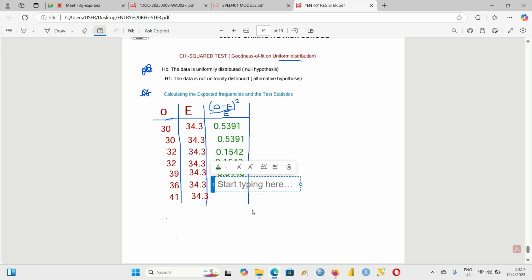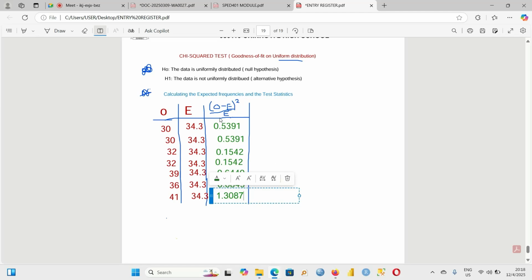I'm getting 0.0843. Then for the last one, 41 minus 34.3, then I square it, I divide by 34.3, I get 1.3087.